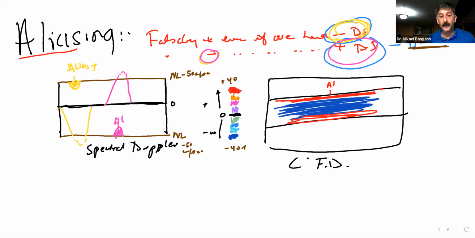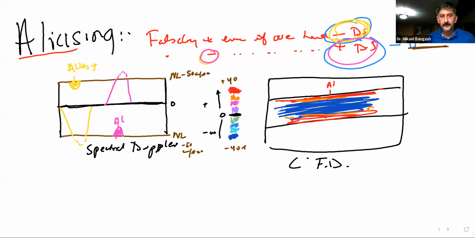Now let us say the velocity in this blood vessel here had been more than 50, let's say 55, or even 60. Well, the max negative that we were able to record was 40 centimeters per second. The 50s was going to be red, but the 60s, you may have some orange as well.